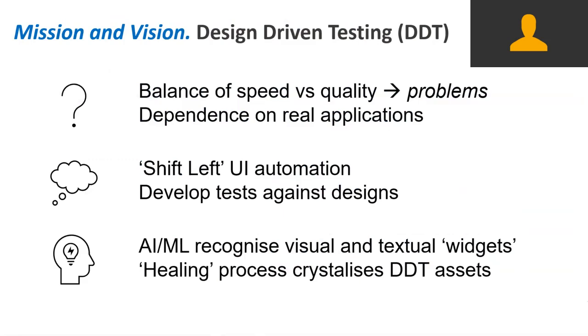And this concept of shift left hasn't really been a thing in UI testing, because it's very difficult to start testing a user interface before that user interface exists. And so testers have been in this awkward place for as long as automation has been around, where everybody's working towards delivering an application.